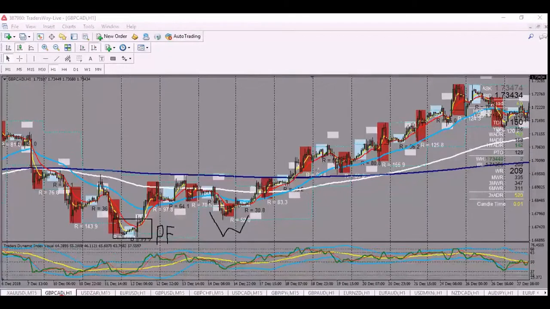We're always expecting a stop hunt, low, rise until further confirmation that indeed the cycle is over and it's time for a bearish cycle.